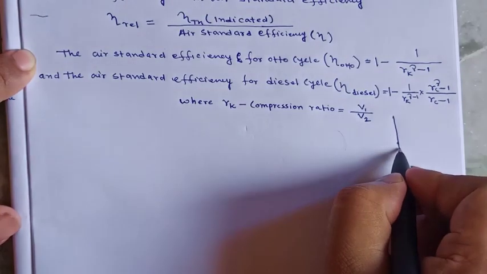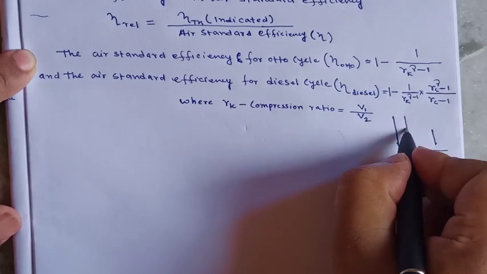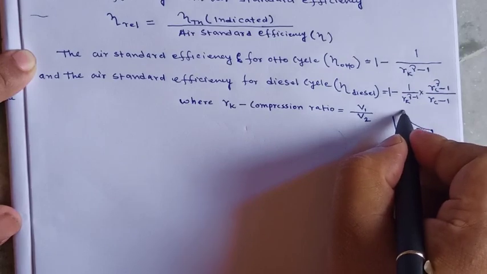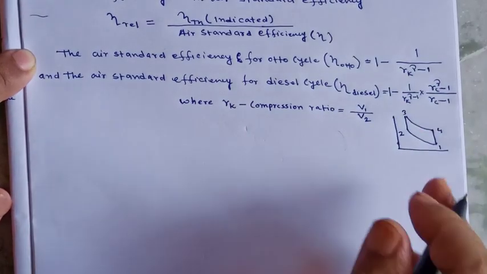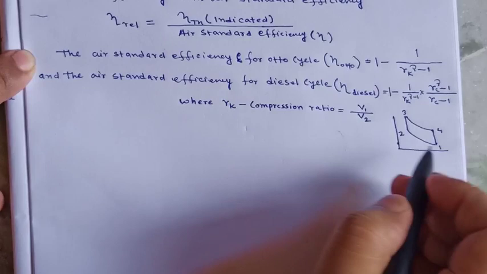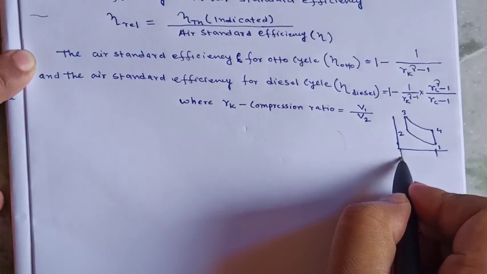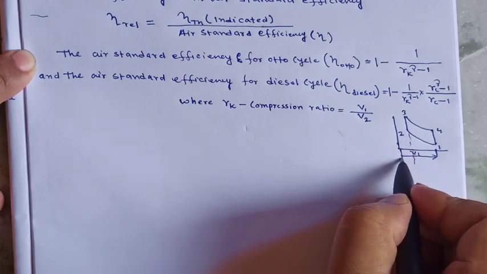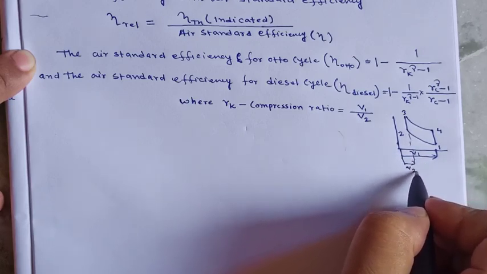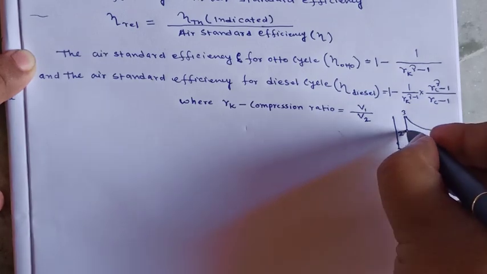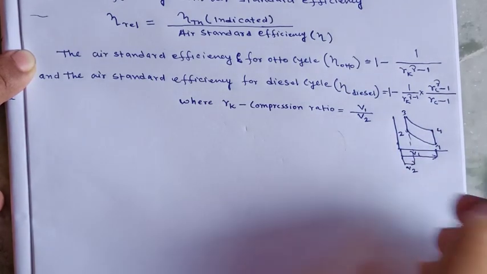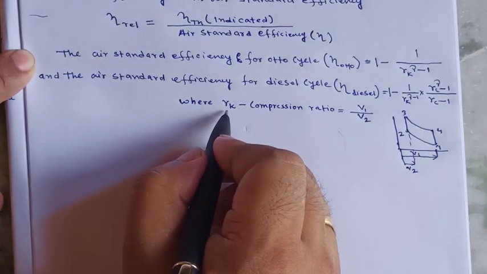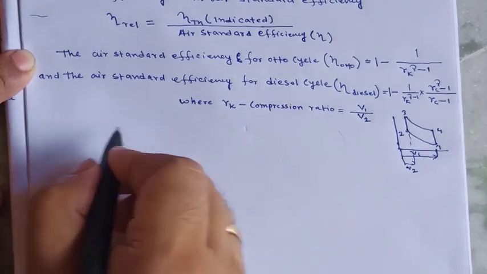Consider this is the Otto cycle. This is 1, this is 2, this is 3, this is 4. For Otto cycle, this is V1 and this is V2. The volume at point 2 and the volume at point 1, that is V1. If we make the ratio, then the compression ratio is obtained.